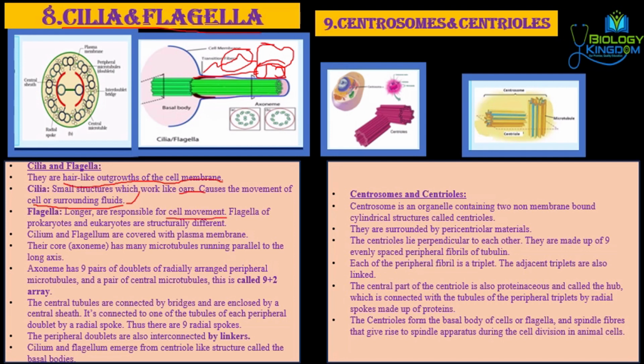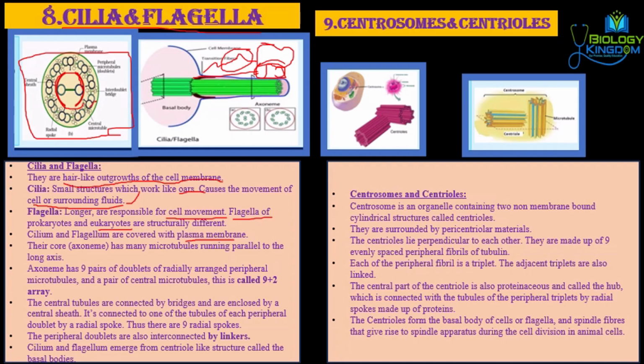The flagella are generally different in eukaryotes and prokaryotes. They are generally covered with plasma membrane, and if we observe the internal structure of flagella, we have the popular arrangement known as the 9+2 array. Here this red color structure is known as the axoneme, which represents the core, which has many microtubules.